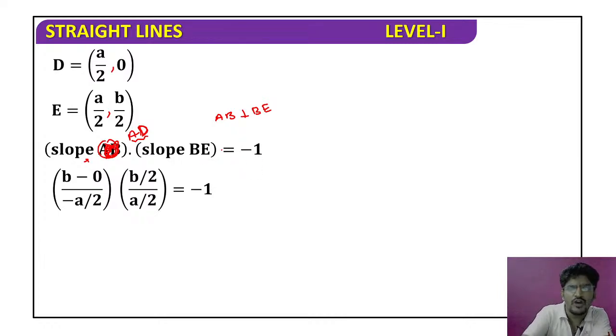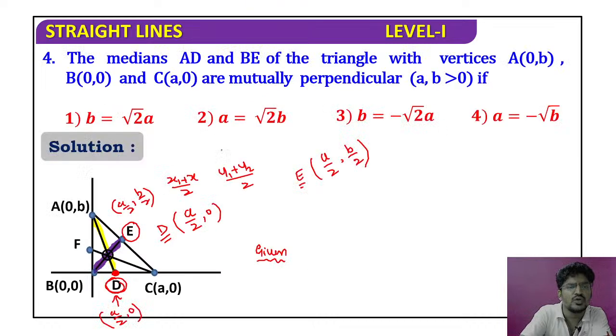So now slope of AD is going to be equal to y2 minus y1 divided by x2 minus x1. So see here, b minus 0 divided by 0 minus a by 2. Okay, this is slope of AD.